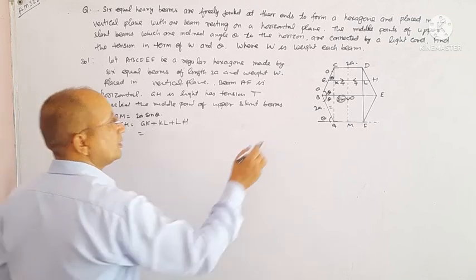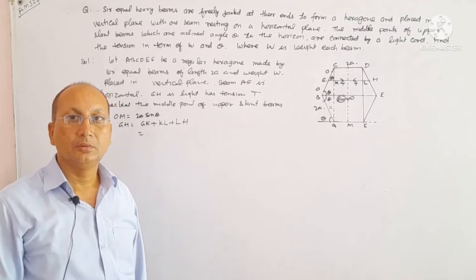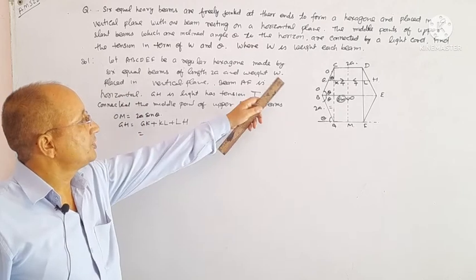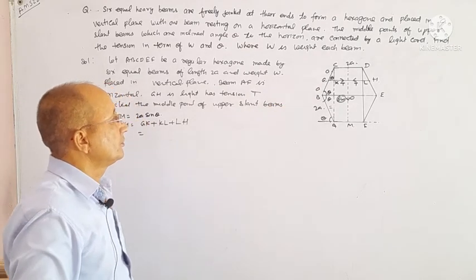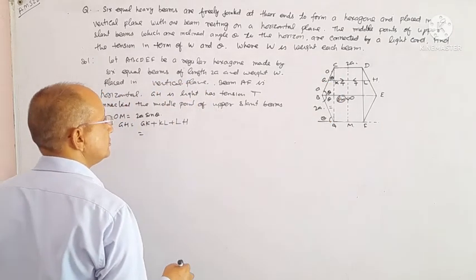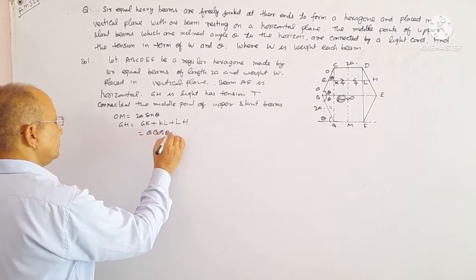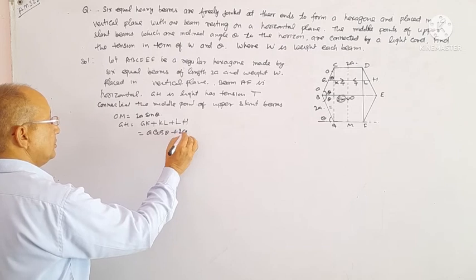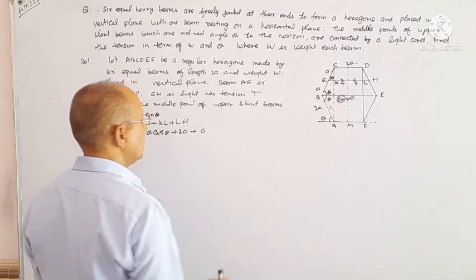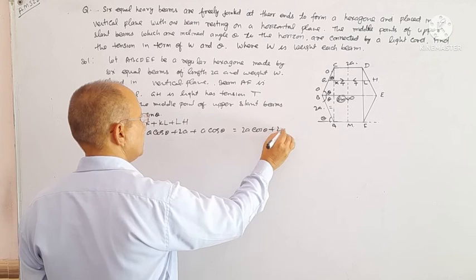GK, that is a. BC equals 2a, BC is a beam whose length is 2a, and G is the middle point of BC, that is GC equals a cos theta. KL is 2a cos theta, so GH is 2a cos theta plus 2a.